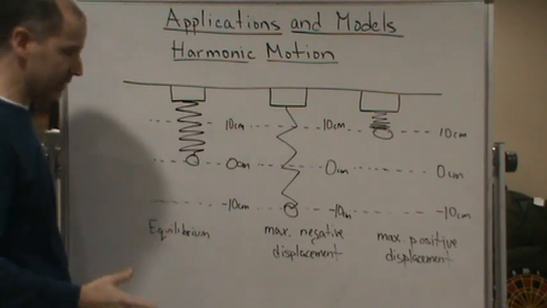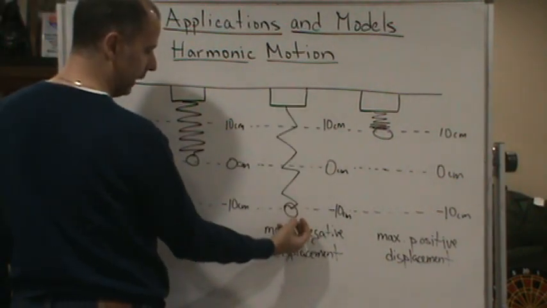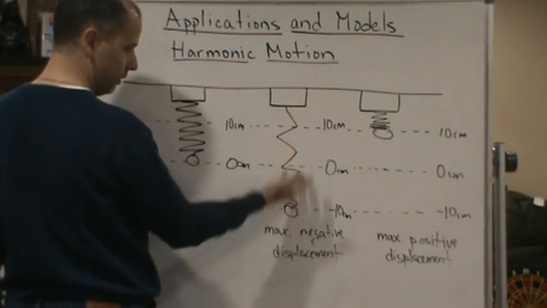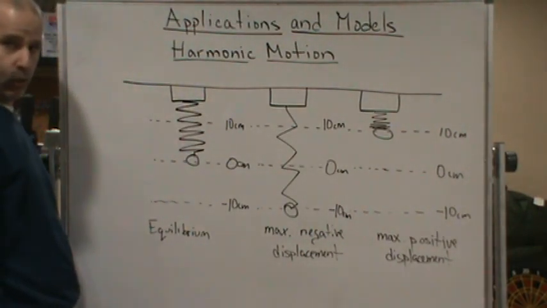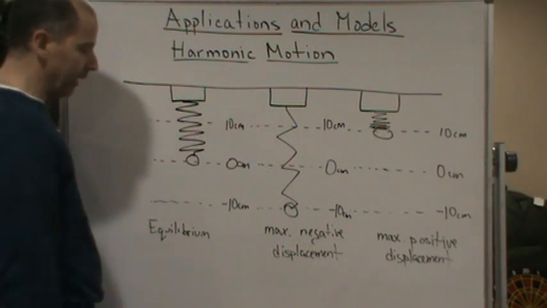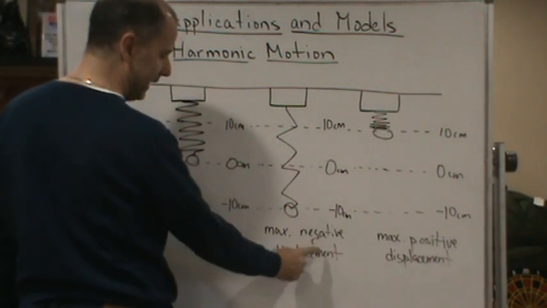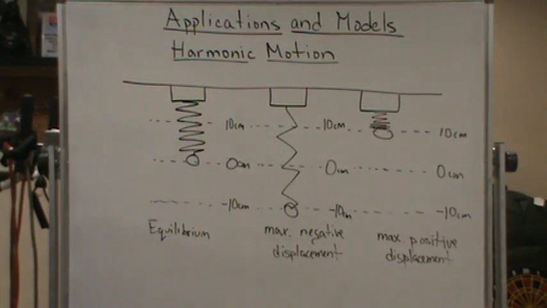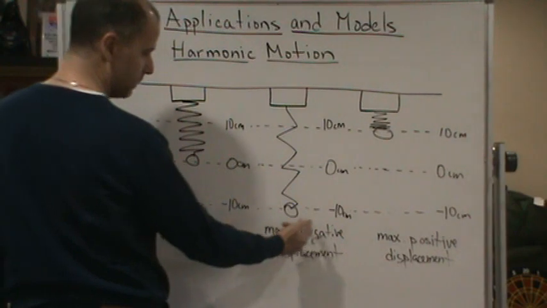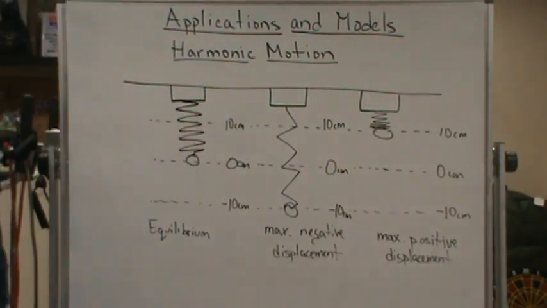But nonetheless, let's say we pull that spring to the maximum displacement without damaging or changing the spring in any way. That would be the maximum negative displacement because it's going further downward. Let's say it's a maximum of 10 centimeters.